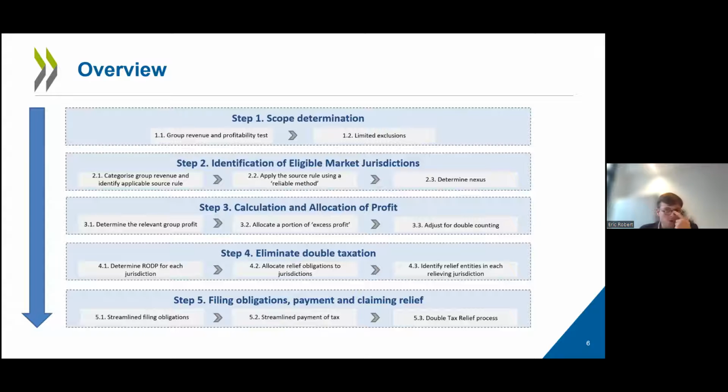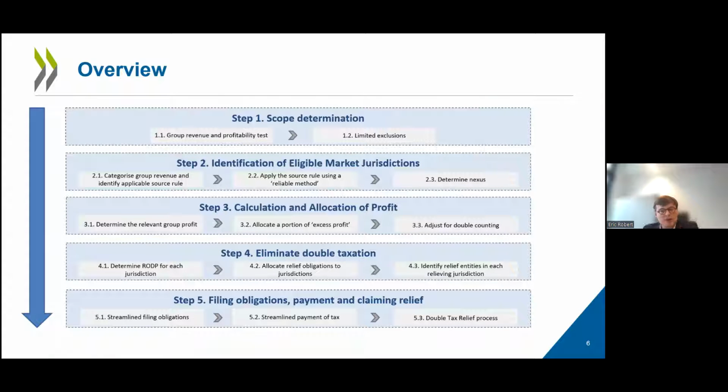I think another one, which you will see as we go through the steps, is that the model that is contained in the MLC is expected to work largely in an automated fashion, meaning that there are a couple of inputs that will need to be built and that will require some compliance work. And here I'm thinking in particular of some difficult data points, such as sourcing your group revenue under step 2, or computing your jurisdictional return on depreciation and payroll under step 4.